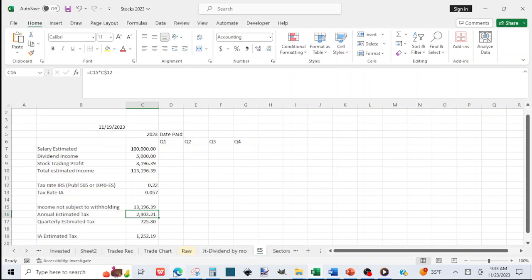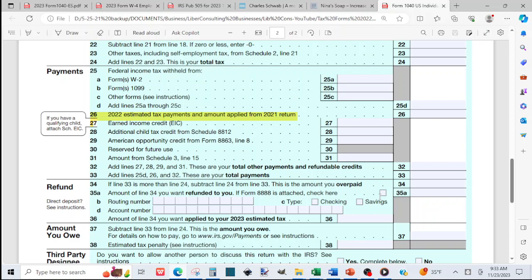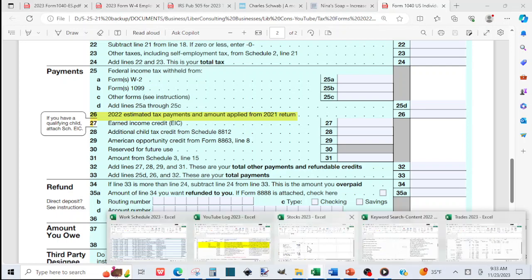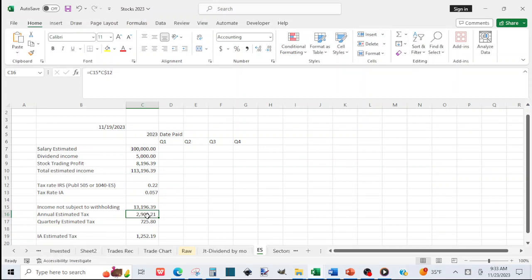But if the refund is lower, let's say the refund is maybe $1,000, that means you owe $1,900. If you do not make estimated tax payment when you file taxes, you could easily owe $1,900. So when you owe more than $1,000, you pay a penalty on it.